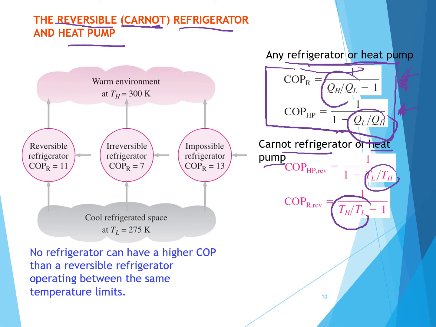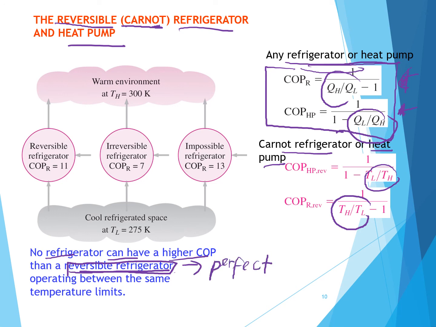And given here that no refrigerator can have a higher COP than a reversible one, because this is according to the first principle of Carnot, right? Because the reversible refrigerator is our perfect refrigerator.